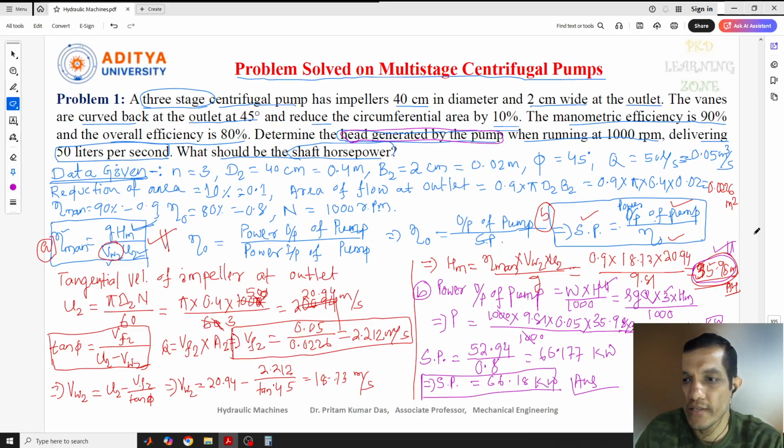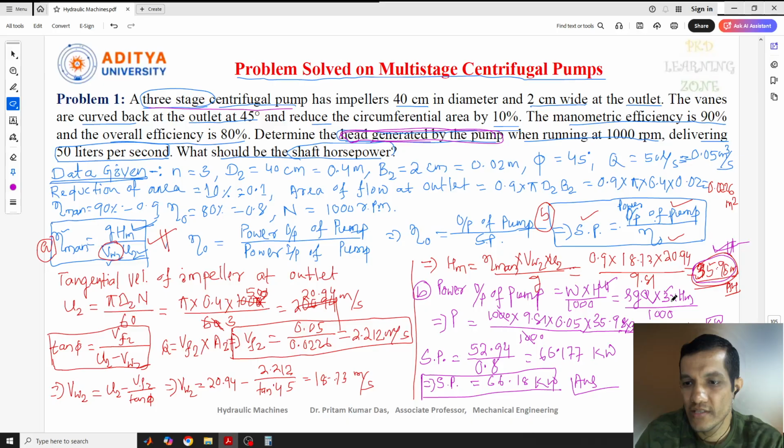I hope you understand the meaning of the head generated by the pump. Here we have calculated the head generated for only one stage. Now the total head depends on how many stages there are. Here a 3-stage centrifugal pump is given, so the number of stages is 3, and this is for one stage.